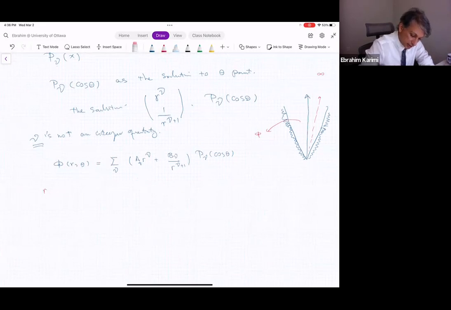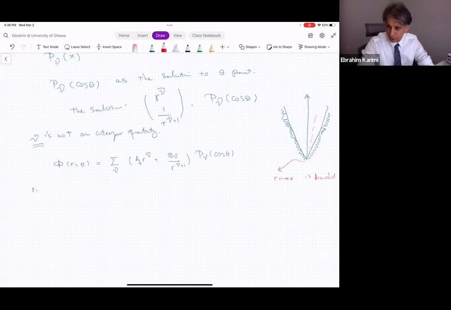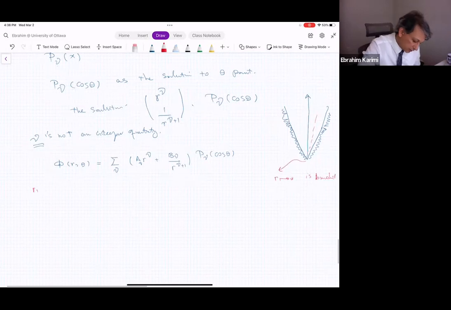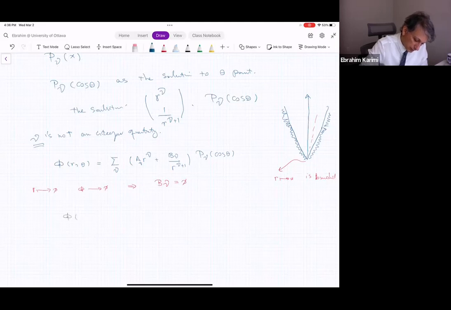We don't have any condition on the infinity side. My bad, because if we have infinity, that's a problem. So the condition that we do have is when r goes to 0, then the potential is bounded. So it means that because we are including the origin, right? When we include the origin, it means that r goes to 0, then the potential should be also going to 0. Therefore, only a nu term will remain. So b nu will be 0.